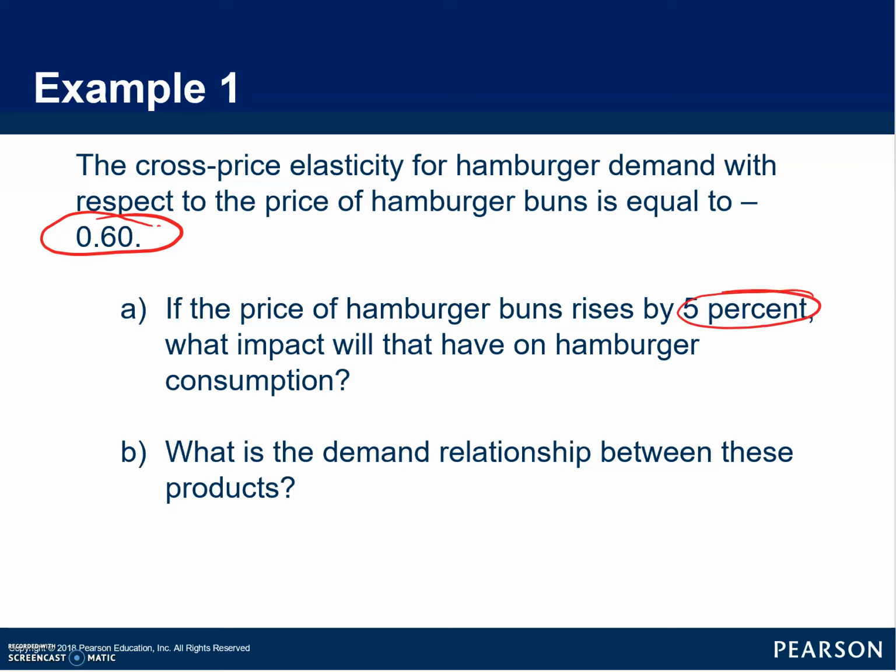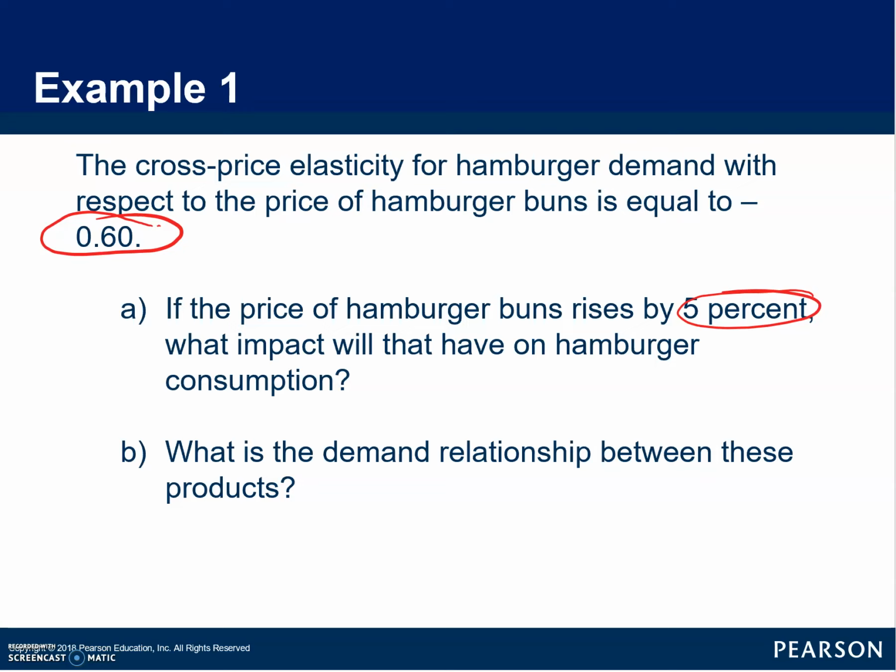If hamburger buns increase in price, are people going to consume more or less hamburgers? There may be a point that they're not going to consume hamburgers as a sandwich, but we also know that hamburger has other uses. So we'll talk about that much later.